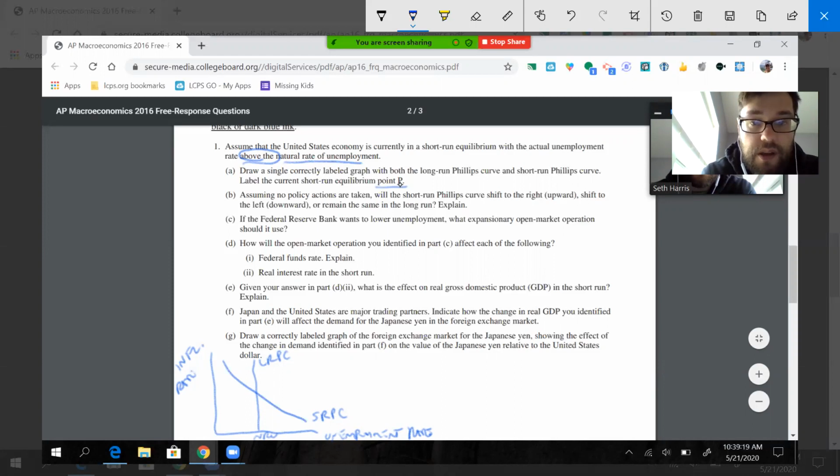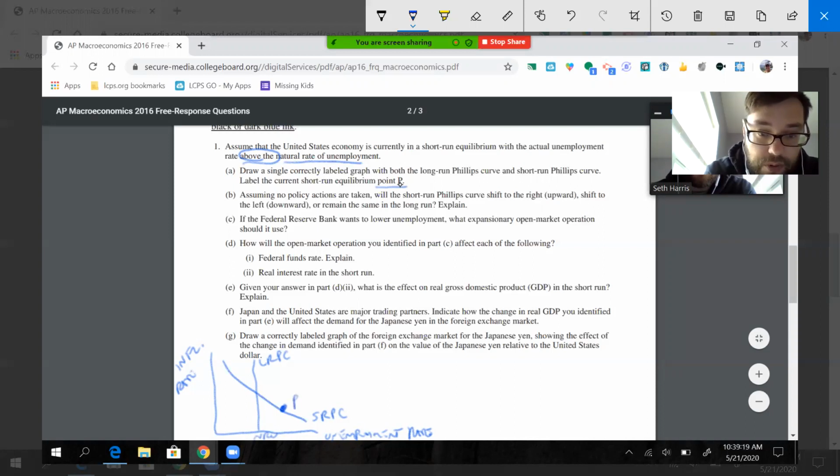So they give us an actual unemployment rate that is above the natural rate of unemployment. So to label our point, we know unemployment has to be somewhere above and beyond the NRU, right? So knowing that the NRU is where the long-run Phillips curve intersects is necessary to this question. So then you would draw some point off to the right on the curve here.